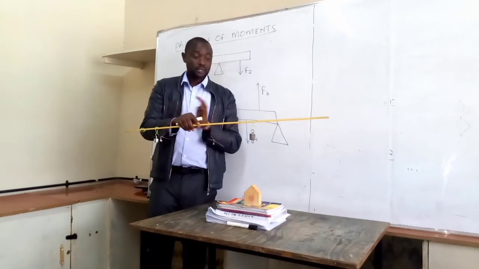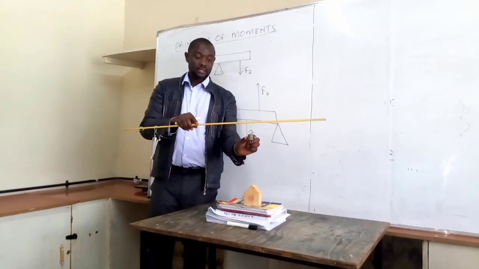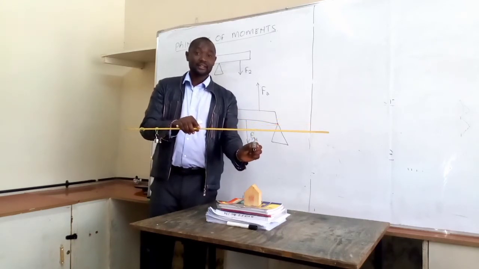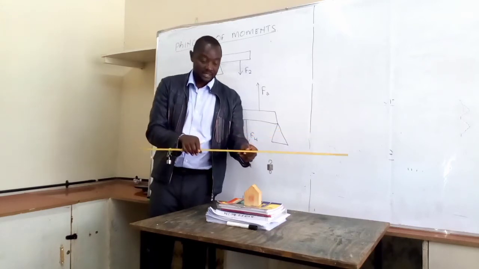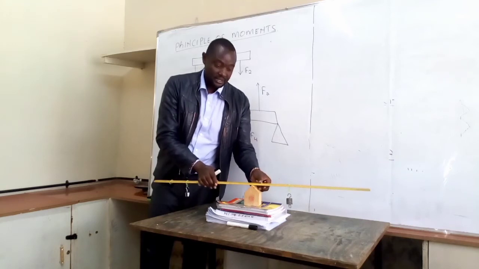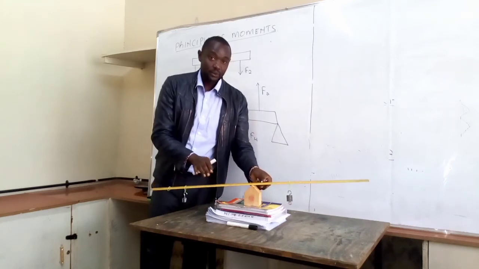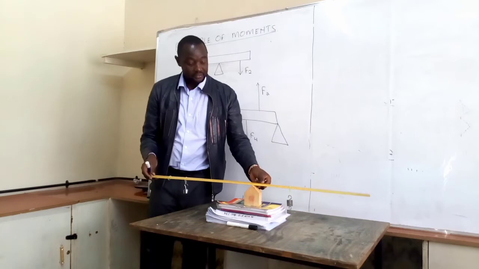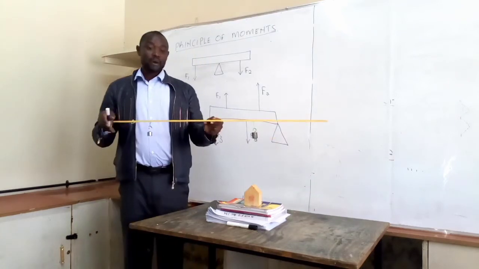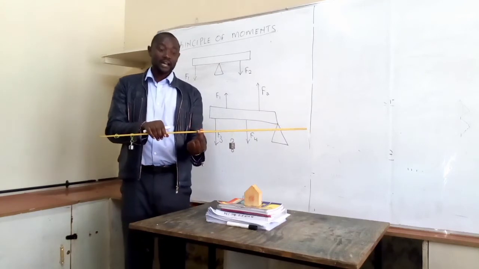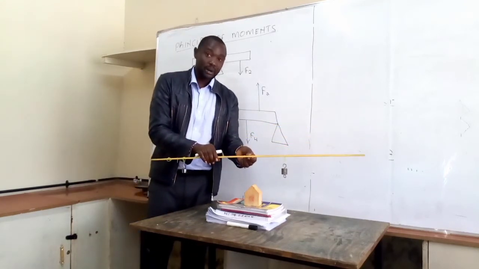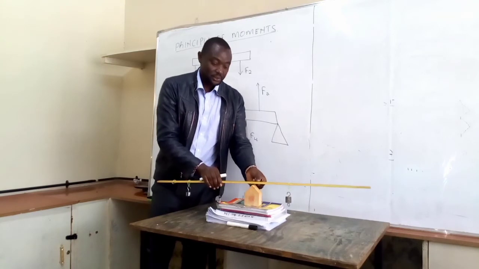I have a meter rule. I have two masses. This is a 100-gram mass and this is a 50-gram mass. Remember I said that in this case we have a bar here, but for me to remove the effect of the weight of this bar, I'm placing the pivot at the central mark, at the 50 centimeter mark.